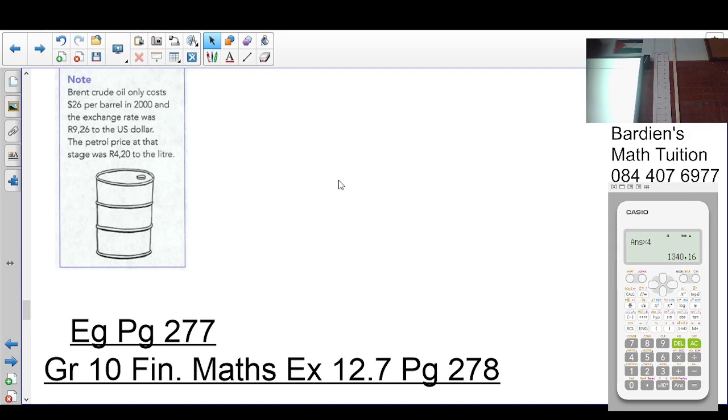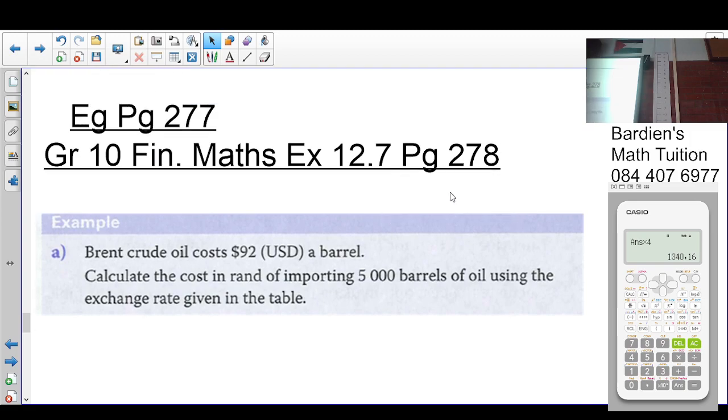The petrol price at that stage was 4 rand and 20 cents per liter. How much are we paying now? Where are you buying petrol?